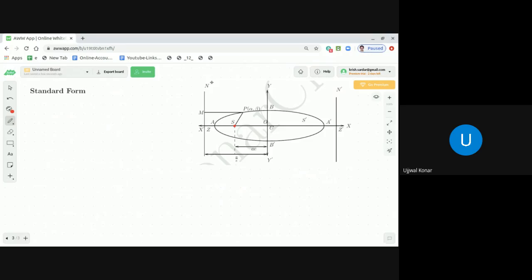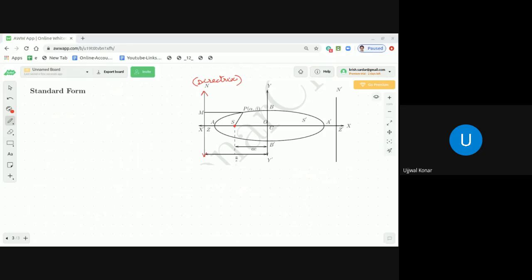So let me write it down. So this is the directrix NZ. In fact, I can give an arrow because it is a straight line. So this is a directrix. And we know the eccentricity of that ellipse, be e. Now, dear students, what we are going to do is draw ZS.